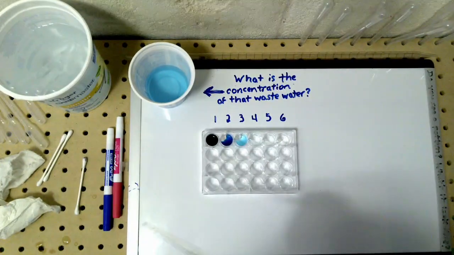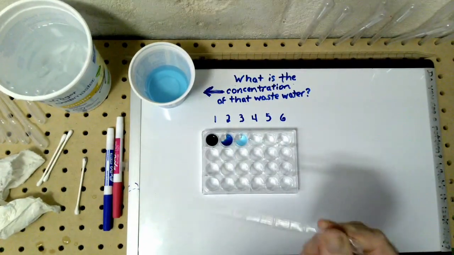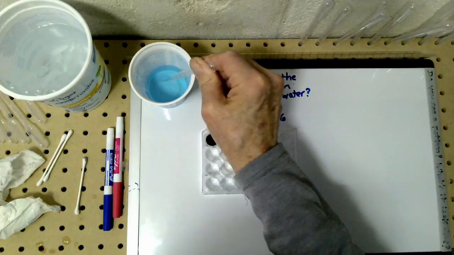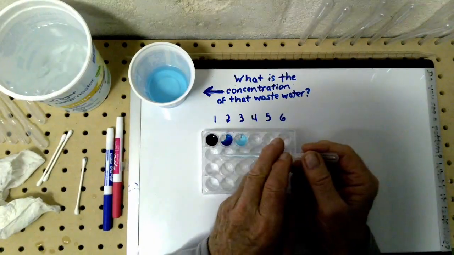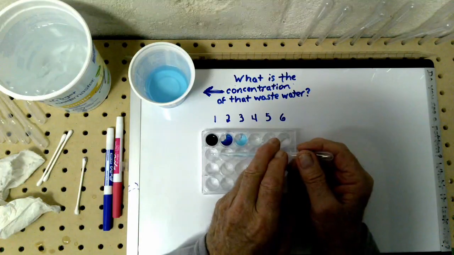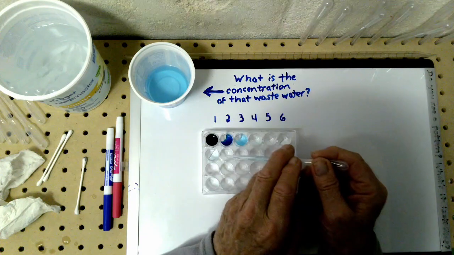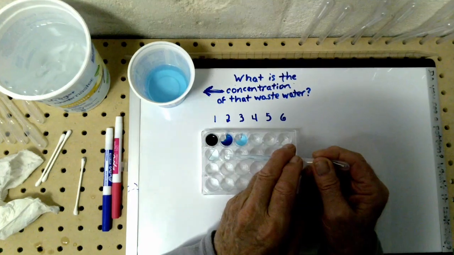But here's what we have to do. We have to compare it to these. So I'm going to take a bunch of it, and I'm going to take 10 drops. 1, 2, 3, 4, 5, 6, 7, 8, 9, 10 drops right there. 10 drops right here.